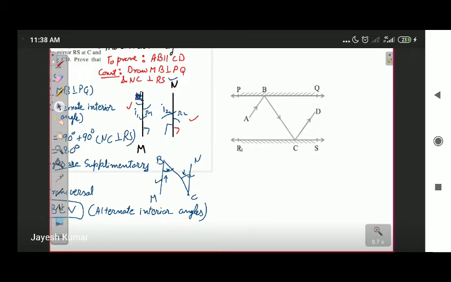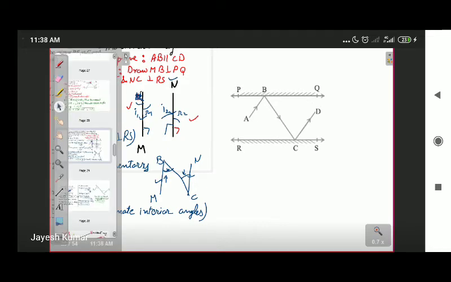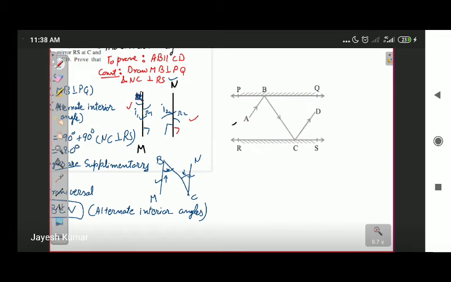we had a pair of parallel mirrors. There was an incident ray and a finally reflected ray. This was the incident ray, this was the finally reflected ray, and we were supposed to prove that these two rays were parallel. So what we did was we proved that the pair of alternate interior angles for these two rays are equal.